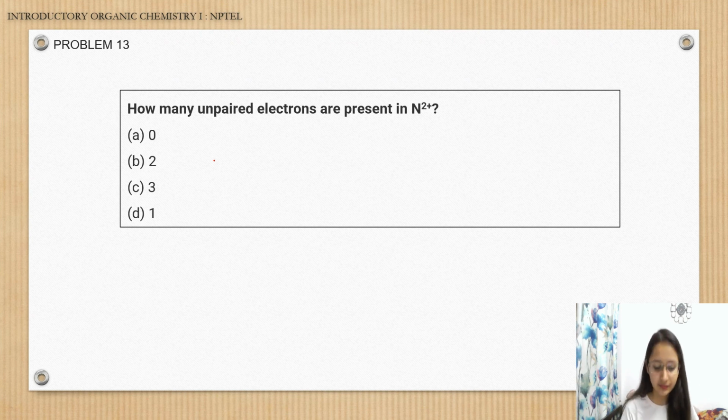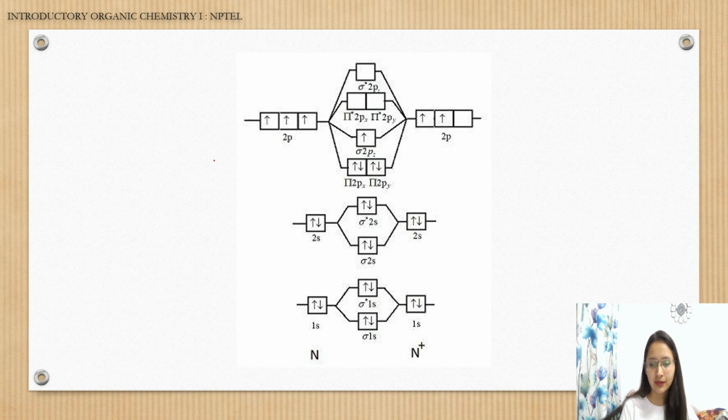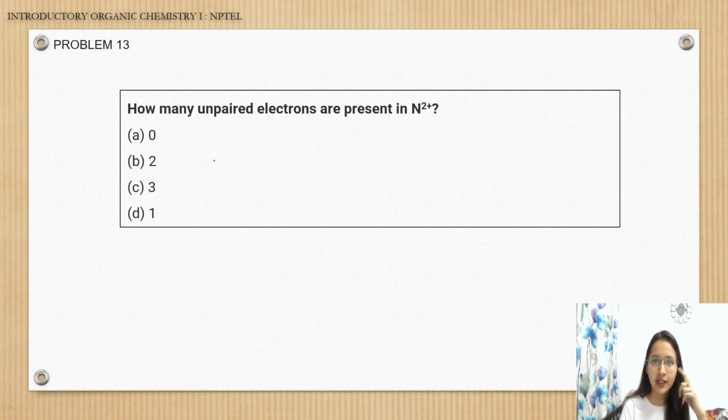First of all, you need to write the electronic configuration. So in the case of nitrogen, what is the total number of electrons that are present? It is not N2, right? It is N2 plus.